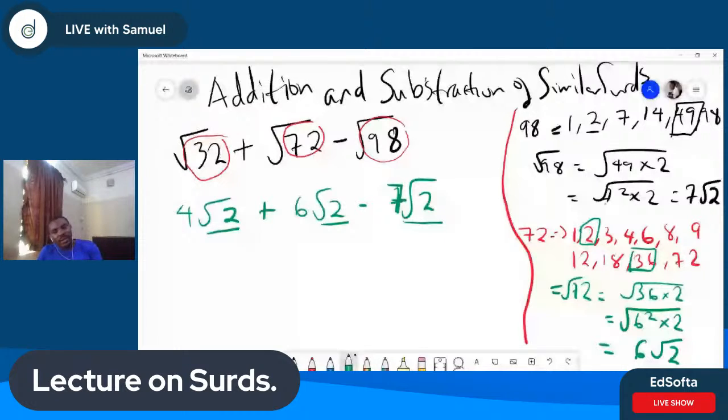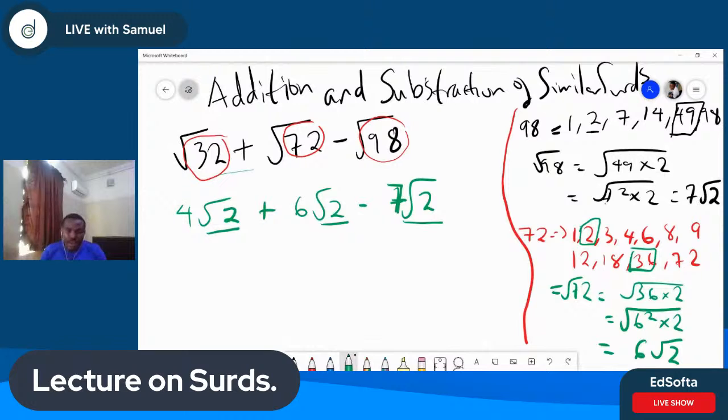So that's why I said before that you need to make sure that you have put them in their simplest forms. Once you have put them in their simplest form, if anyone has root 3 here, you know that you can't add that one here. So if 7 root 2 was going to be 7 root 3, you know you cannot add them with it.